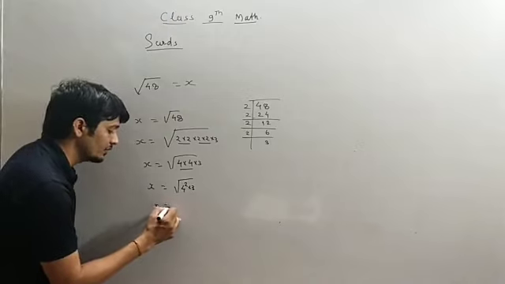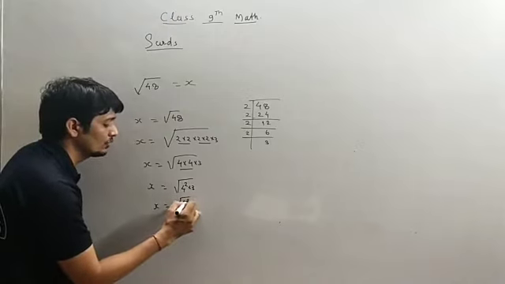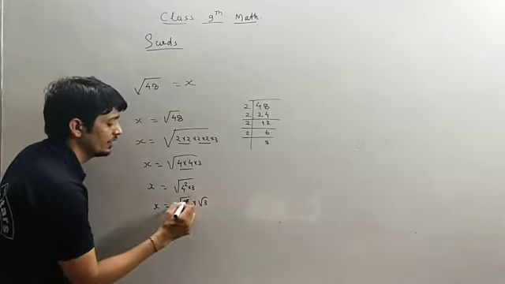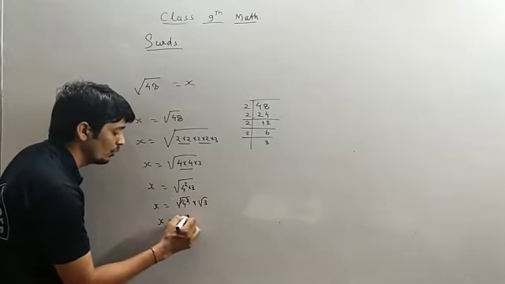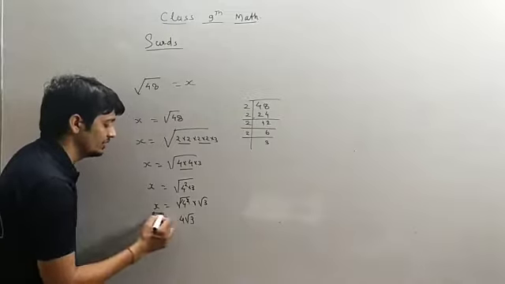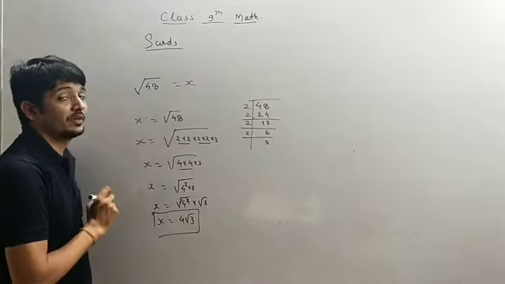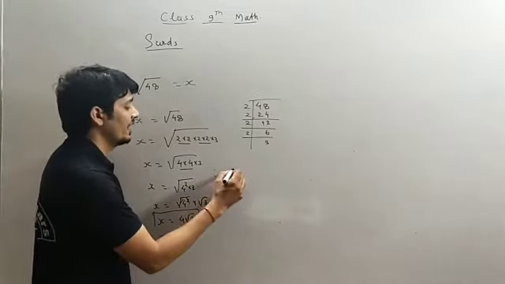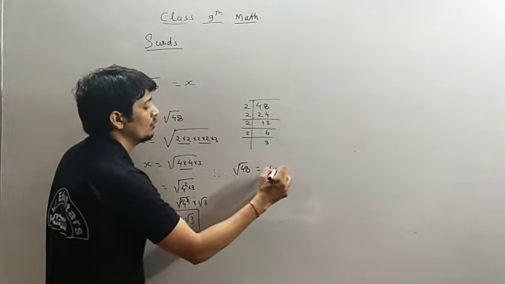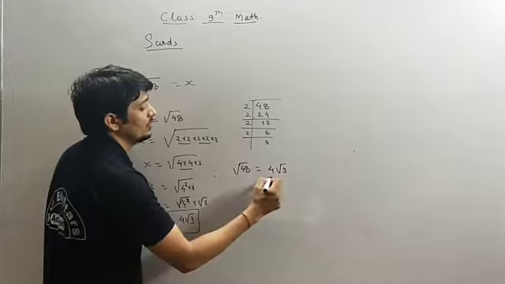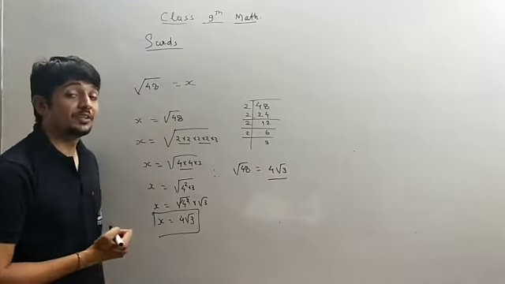So now x equals 4 square into root 3. So square and root will get cancelled. So x equals 4 root 3. So this is the simplest form of the given surd. Therefore we can write root of 48 equals 4 root 3. So this is the simple form of the surd.